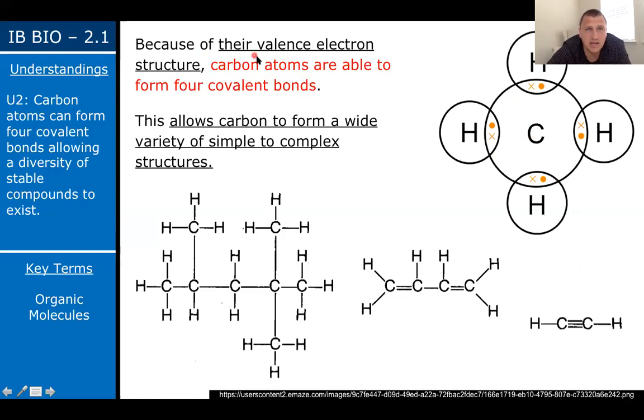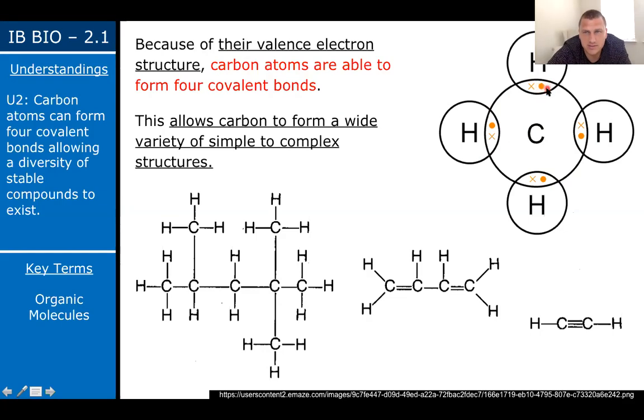Because of the valence electron structure, carbon has, these solid orange dots, four valence electrons in its outer shell. What that means is that carbon can make four bonds, specifically covalent bonds. Because it has four valence electrons on its outside layer, it can create four bonds.